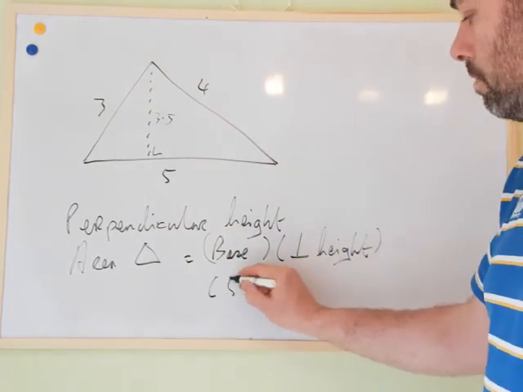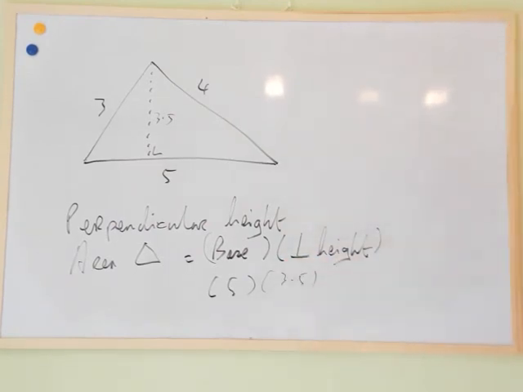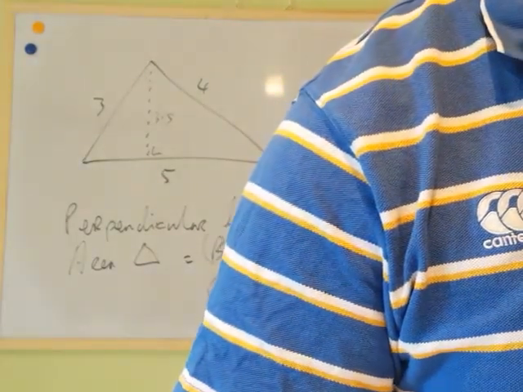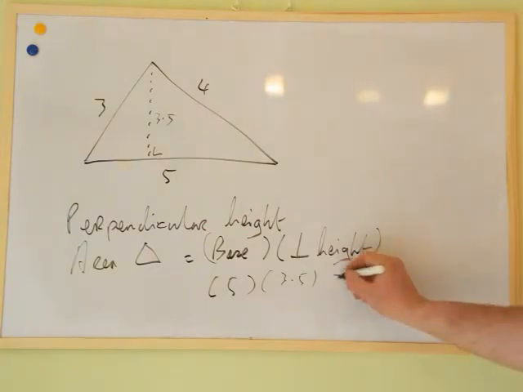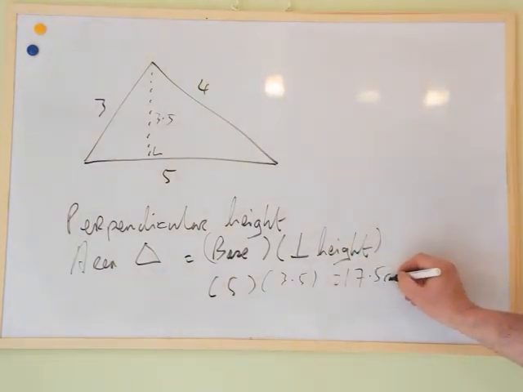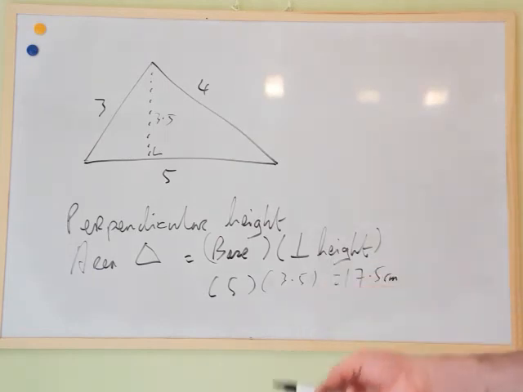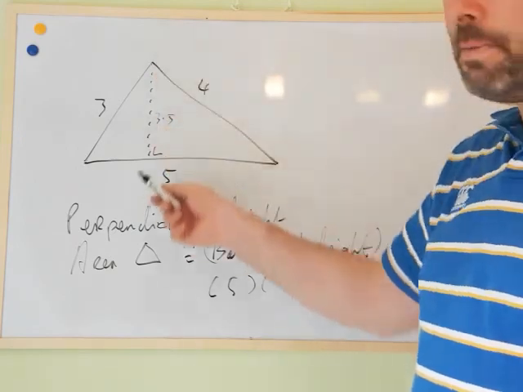So in this case it would be the base, which is 5, by the perpendicular height, which is 3.5. So that would be, I think, 17.5, is it? Yeah, 17.5. And that's it. To get the area of a triangle, you multiply the base length by the perpendicular height.